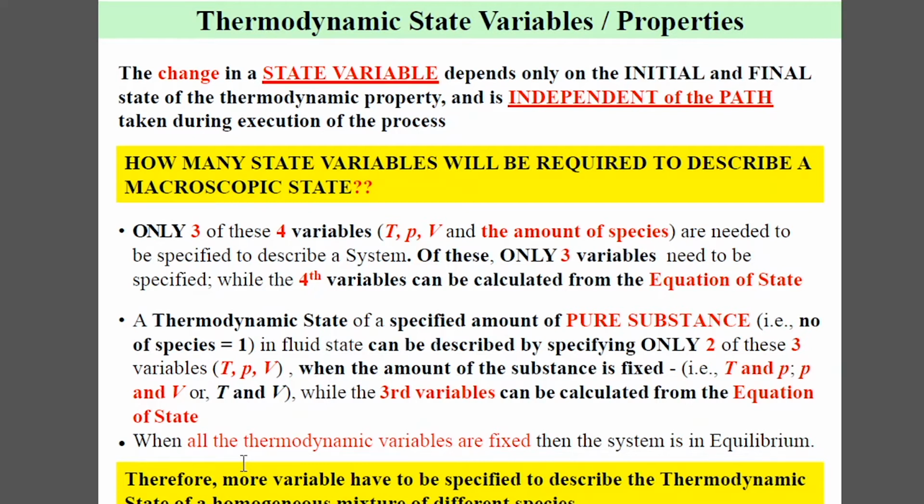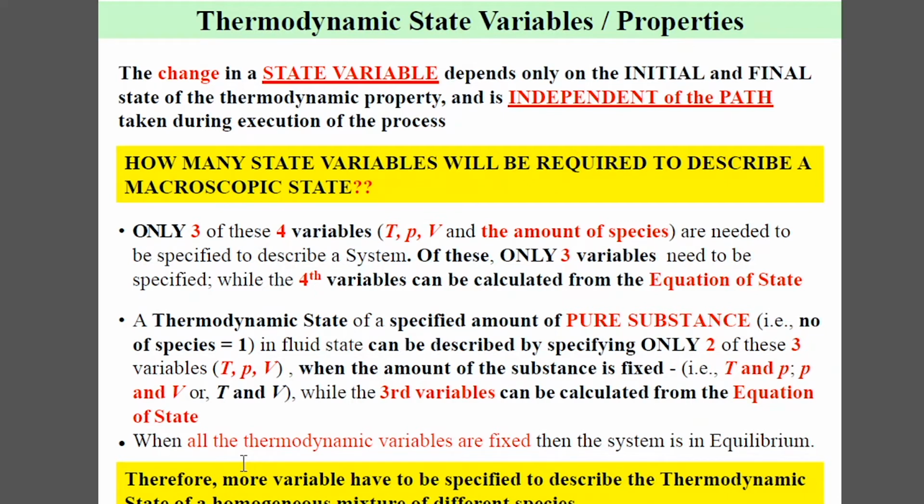But what I need to know is the initial and the final. The difference of final minus the initial value corresponds to the change in state. I did not bother about the path while going from state 1 to state 2. So how many basic thermodynamic variables or parameters do we require to describe a macroscopic state?